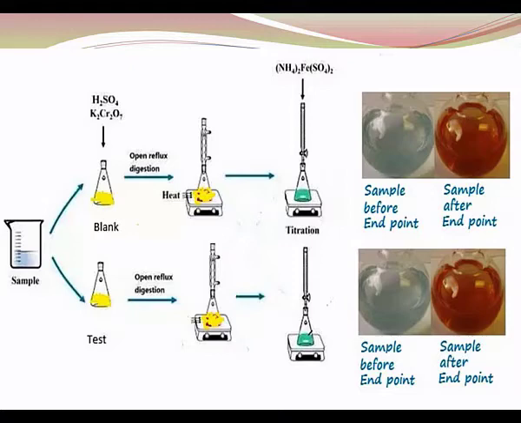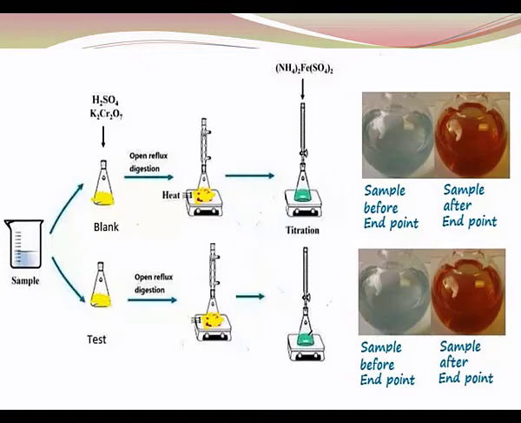Subsequently, both test and blank samples are treated with H2SO4 potassium dichromate mixture and refluxed for 2 hours. When it gets cool to room temperature, it is titrated against standard ferrous ammonium sulfate using ferroin indicator. The reading of titrant in blank and the test sample is noted.